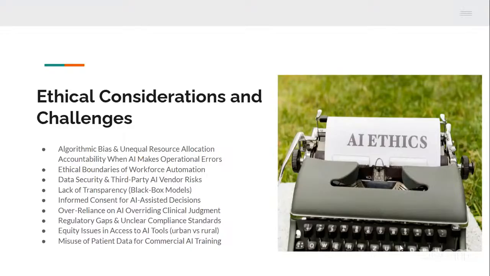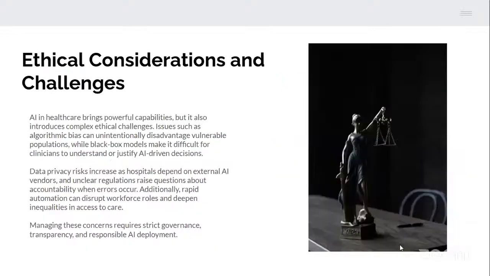Misuse of patient data for commercial AI training. Sometimes data is misused and sent for commercial AI training, which is the biggest ethical consideration. Yeah, same thing which we discussed earlier. AI in healthcare brings great responsibility for the doctors as well as the patients.